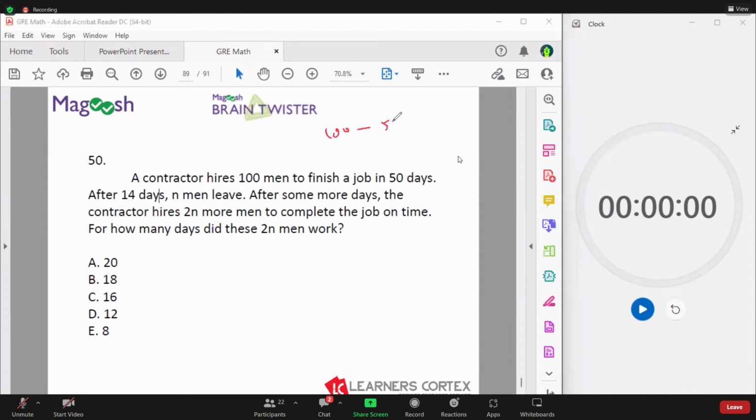100 men to finish a job in 50 days. After 14 days, the remaining 36 days are there. So 2n men are employed to finish the work in 36 days, and n will be 18. 36 days are left. Okay. I mean, the answer is correct, but could you explain your procedure again?